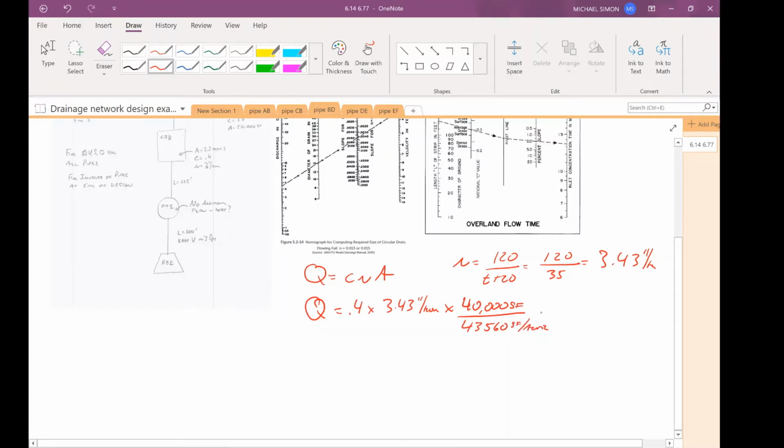Don't forget your acre conversion. And I should mention, you could also convert your inches per hour into feet per second, and then you could use the square feet, but that's just a miserable calculation to go through. Keep it simple.